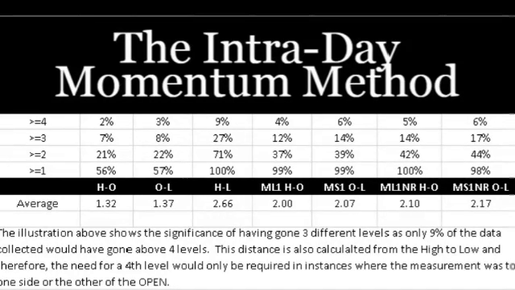I think most people actually know that the market does have a tendency to move. The distance down is a little bit more than the distance up. And in particular, 6% of the time, we would have needed a fourth level when I divide the range of the open to the low by the calculation needed to determine the MS1 level down.